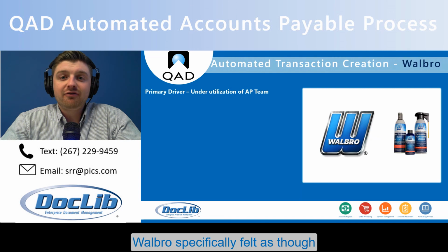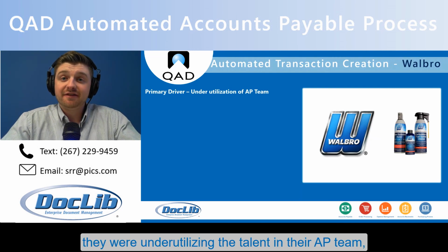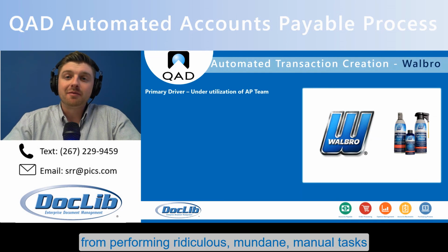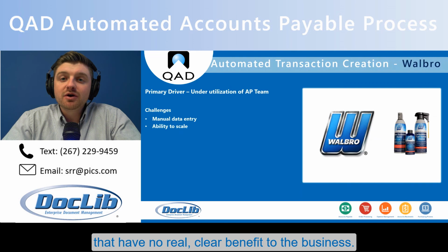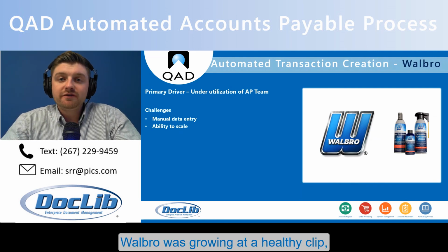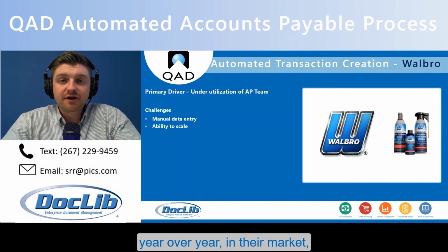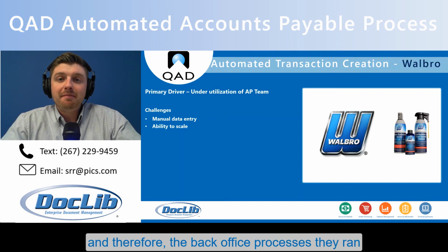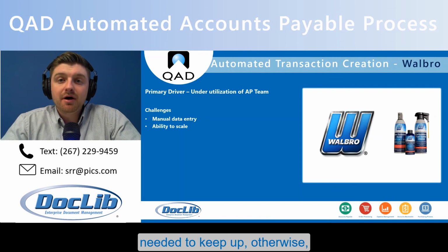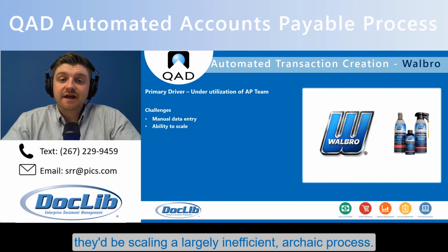Walbro specifically felt as though they were underutilizing the talent in their AP team, and they wanted to keep the team from performing ridiculous, mundane, manual tasks that have no real clear benefit to the business. Walbro was growing at a healthy clip year over year in their market, and therefore the back office processes they ran needed to keep up, otherwise they'd be scaling a largely inefficient, archaic process.